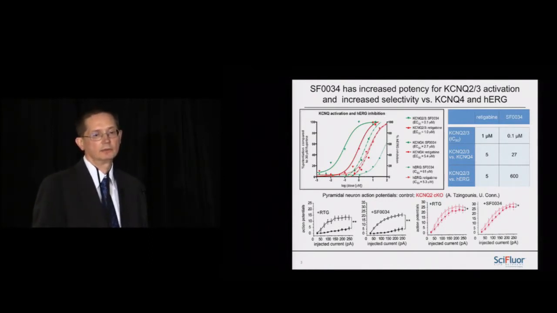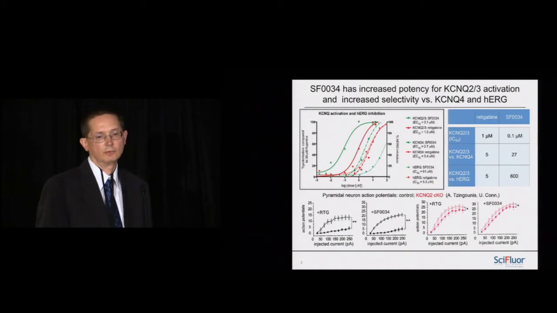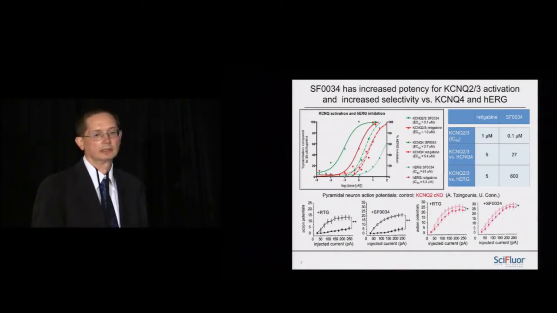The selectivity for 2,3 versus potassium channel 4 is improved, and the selectivity for 2,3 versus hERG is significantly improved as well. The reason for 4, as opposed to other subtypes of this potassium channel, which work is ongoing, is because of the suggestion in the literature, based on rat data, that some of the urinary retention issues with retigabine could be linked to that particular potassium channel. So having better selectivity for 2,3 versus 4 could be an advantage.